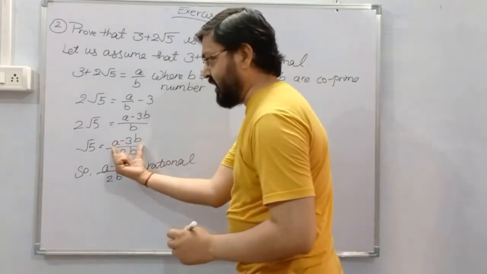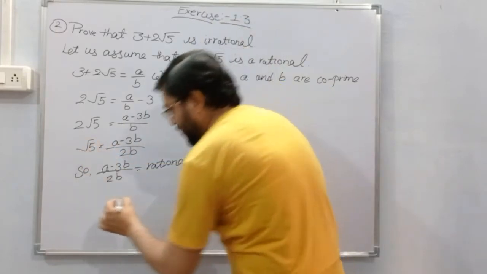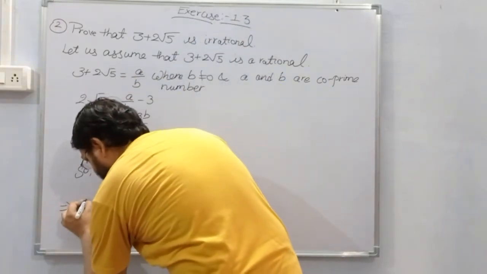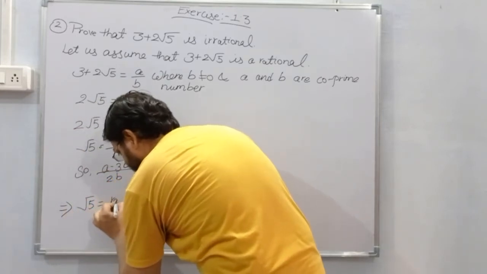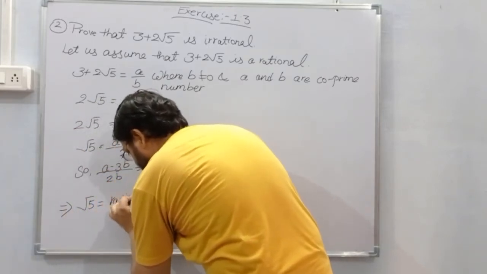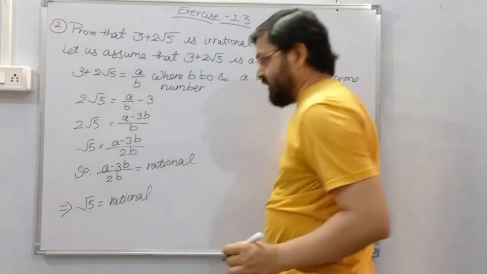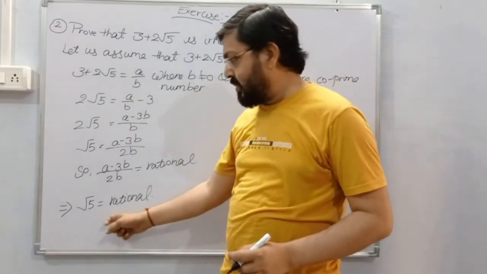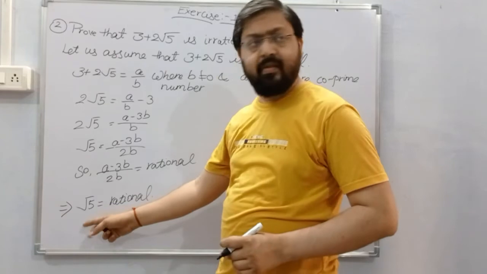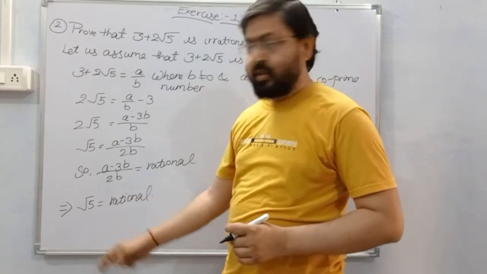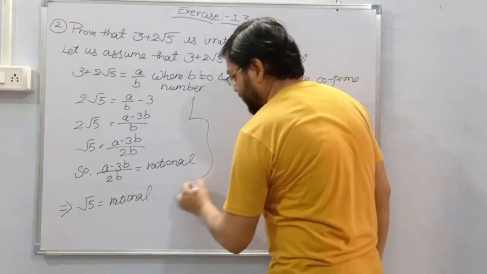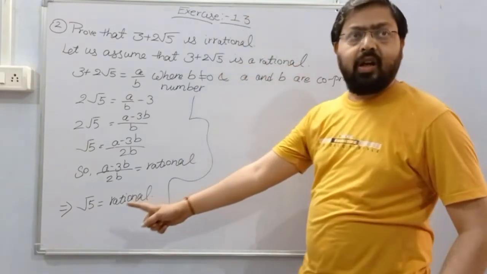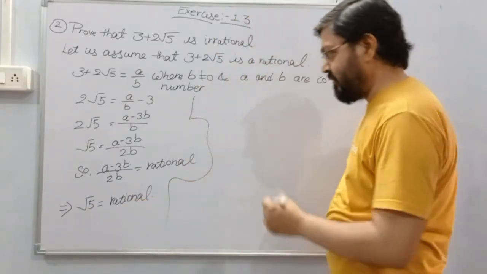When this is rational, then root 5 also becomes rational. It is possible that root 5 is rational? No. We know the fact that root 5 is irrational.